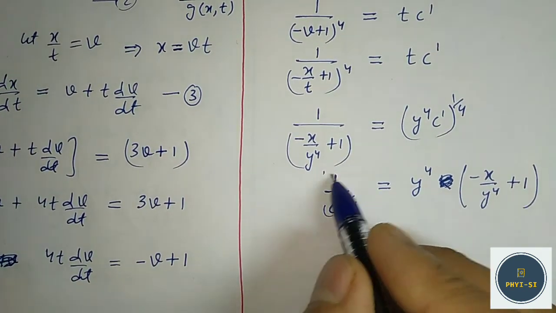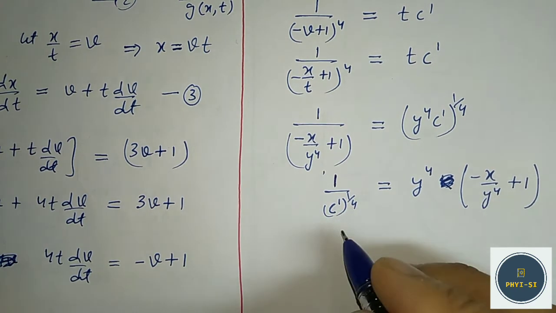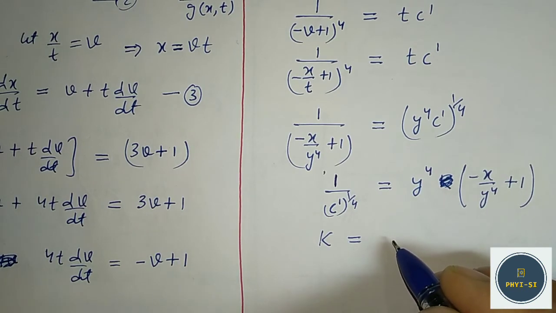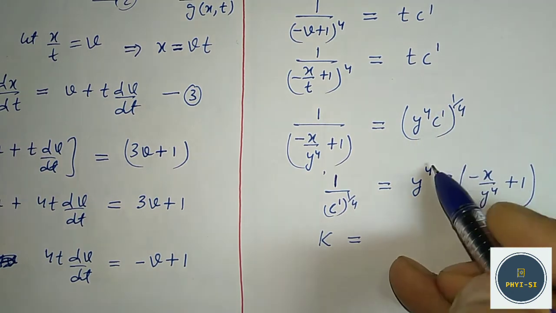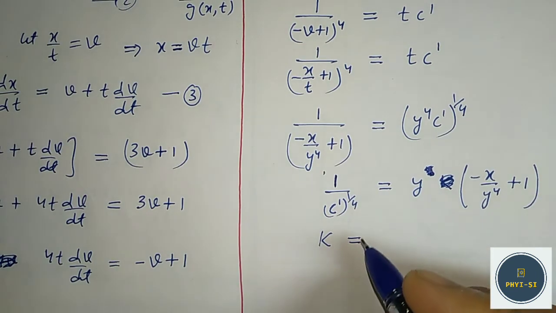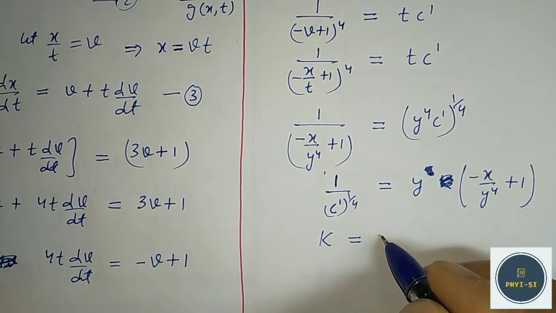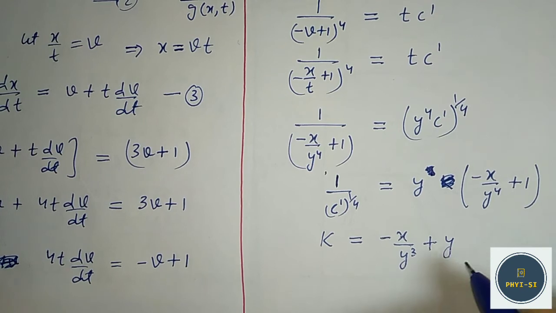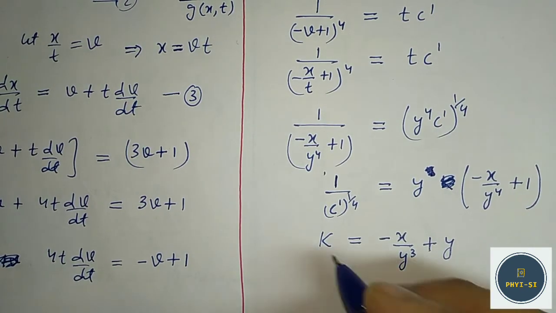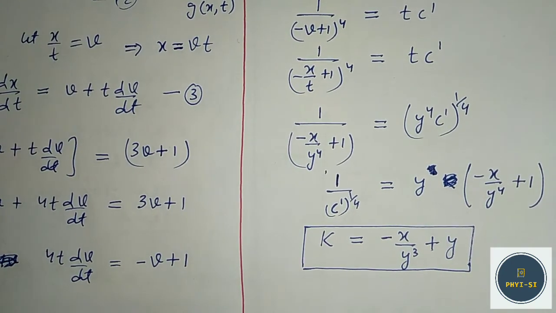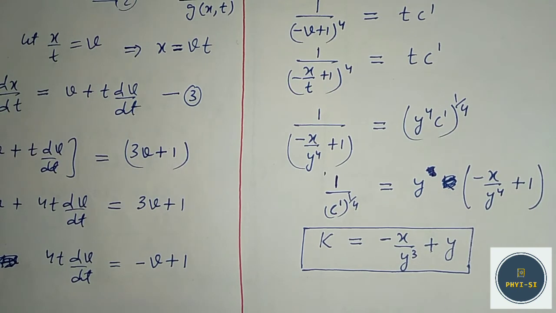Now I'll take this 1 upon c dash raised to power 1 by 4 as k, so it becomes k is equal to, this is y raised to power 4, so this power 4 and 4 can be cut, so it becomes minus x upon y cube plus y. And so this is the final result. You can simplify it further to get a simpler answer, but this is it.